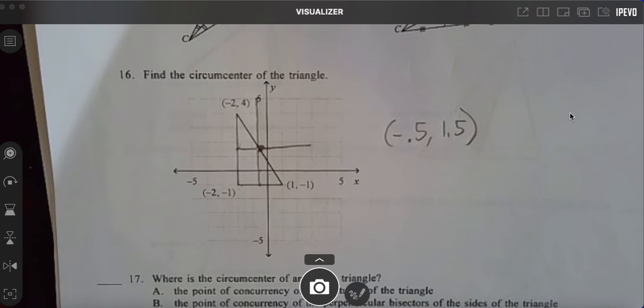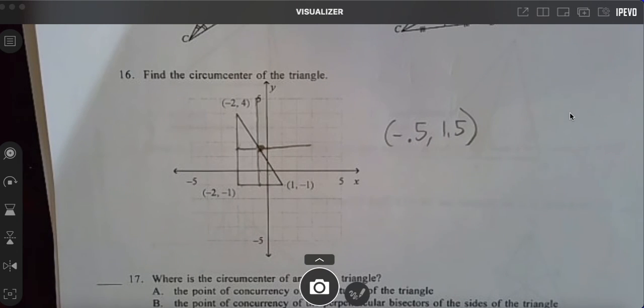Any questions? Are we good on that one? Let me check 2 things. 17.